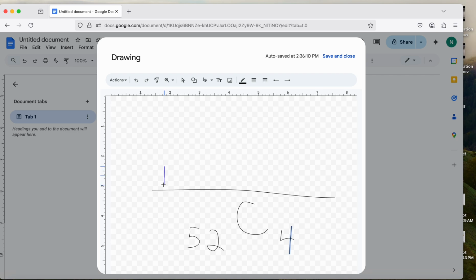Out of the 13 hearts, you are choosing 2, and out of the 13 clubs, you are choosing 2.